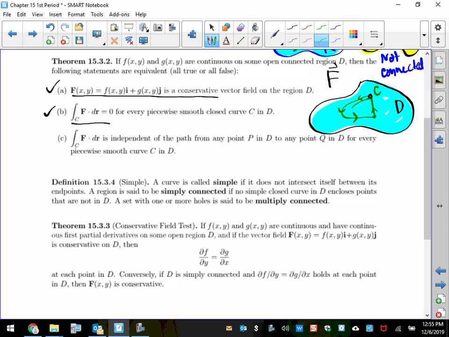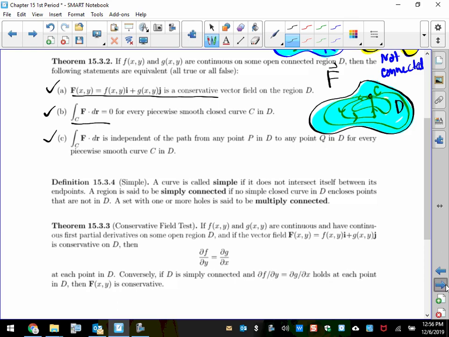So going from here, I could go around like that, I could go around like this. As long as the curve stays inside the domain D, the region D, and the field is conservative, then it's going to be path independent. So all three of these things are equivalent to each other. If you know one of them is true, then you know the other two have to also be true.